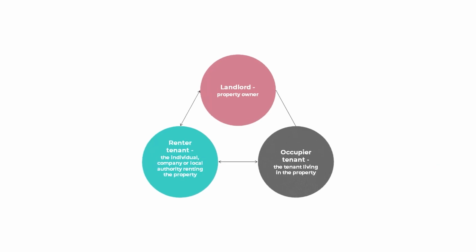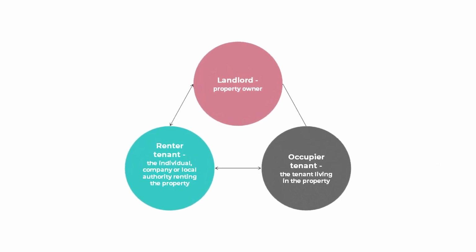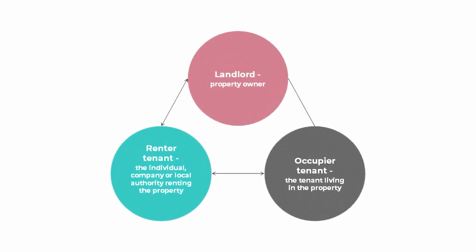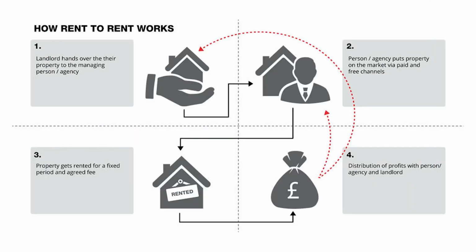Subletting also means that rather than the tenants paying the rent to the landlord directly, they're paying the rent to you, the sub-landlord. So you have the superior landlord, who is the owner of the property, and you have the sub-landlord, who is the rent-to-renter. In a situation whereby you now rent the property to someone else, you now have a chain. The superior landlord gets the rent from the main tenant, which is you, and you get the rent from the person you're subletting to.